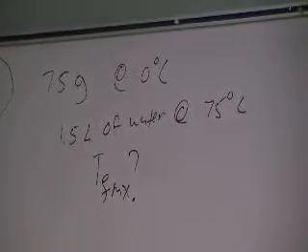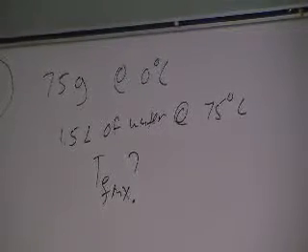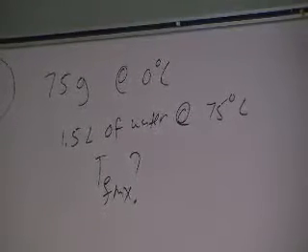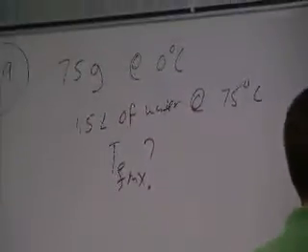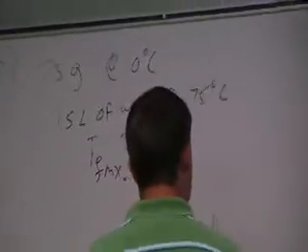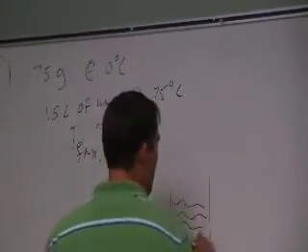All right. So, how would we go about doing that? Did anybody look up how to do this one or work on this one at all? Do you have to change the liters? You're probably going to have to change the liters, because I think what we're going to have to do here, and I certainly haven't worked the problem, but here is the water.